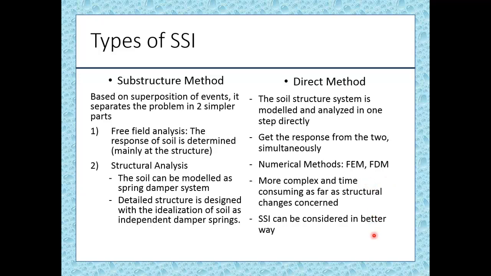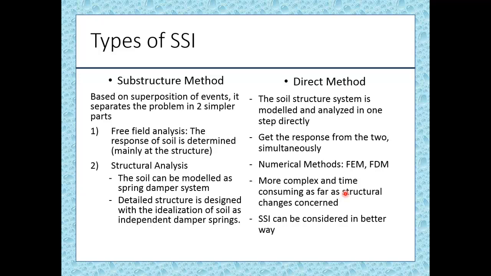The programs used for this type of direct method analysis must be compatible, and we'll see that in Midas GTS NX, Gen and GTS. Direct method can be done from Gen to GTS NX, and the direct method can be performed completely in GTS NX, which we will be seeing today.